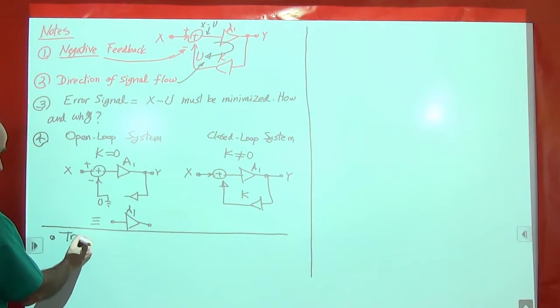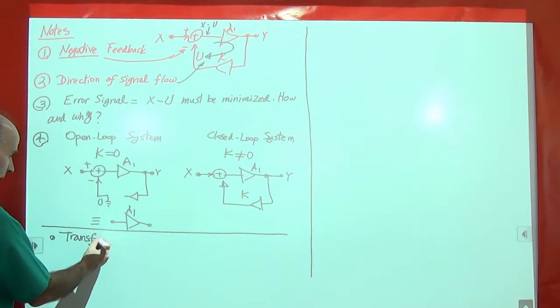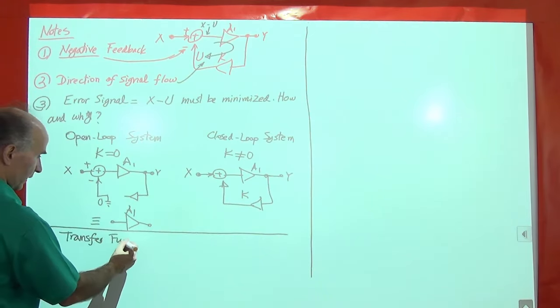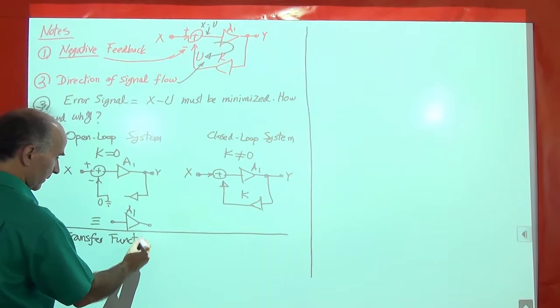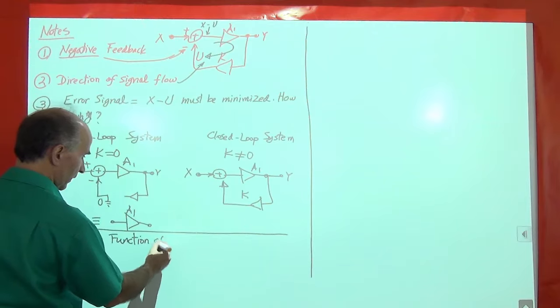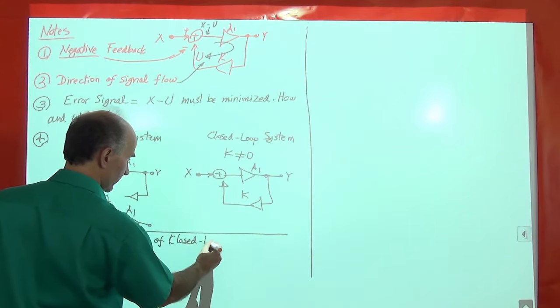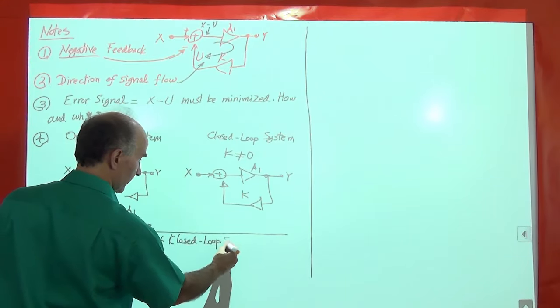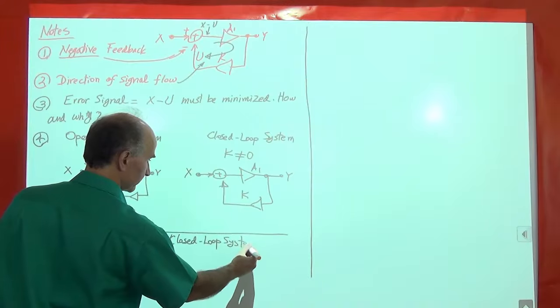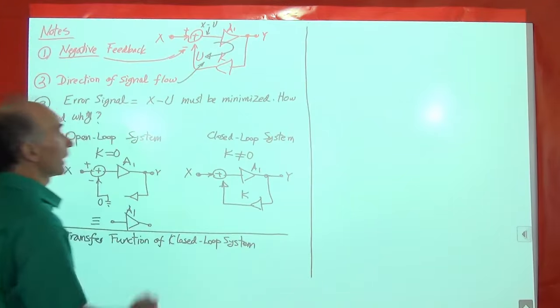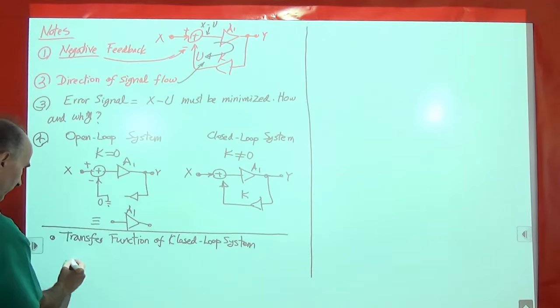So transfer function of closed loop system. All right, so I'll draw that again because we need it.